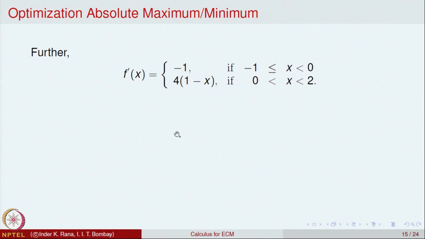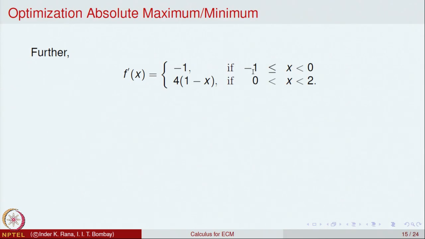To find the points where the function can have a maxima or minima, we have to put it equal to 0. Of course, the derivative between -1 and 0 is -1, so the function cannot have any such point inside that interval. Only in the other interval, 4 times 1 minus x equal to 0 gives the value x equal to 1.